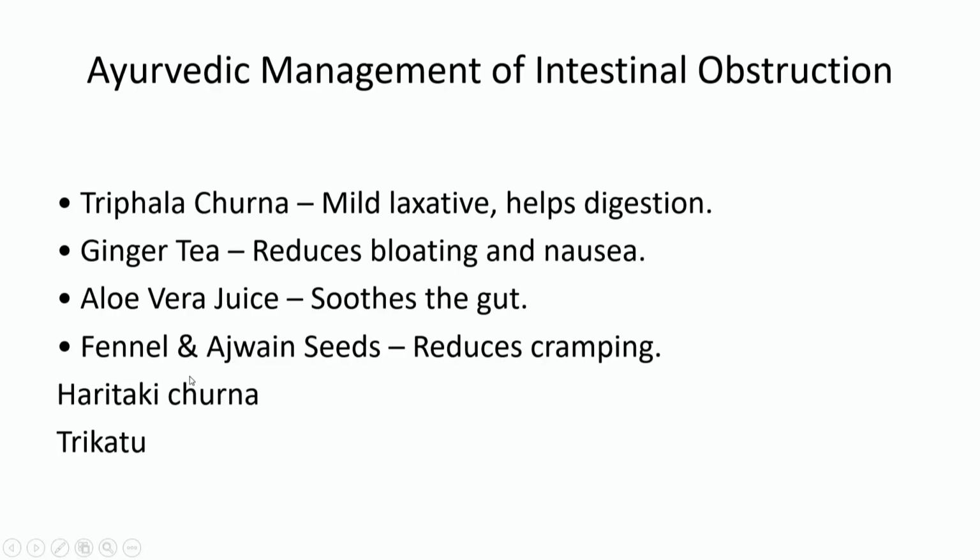Laxatives are very important. Haritaki churna and trikatu. Trikatu is important for digestion. Haritaki churna acts as a laxative, and is also for digestion. And aloe vera, ginger tea, triphala, all these things help your GIT. In Ayurveda we call it Jatharagni. Jatharagni has to be made strong by using these.